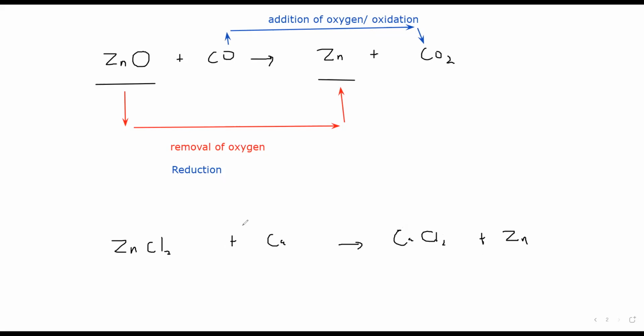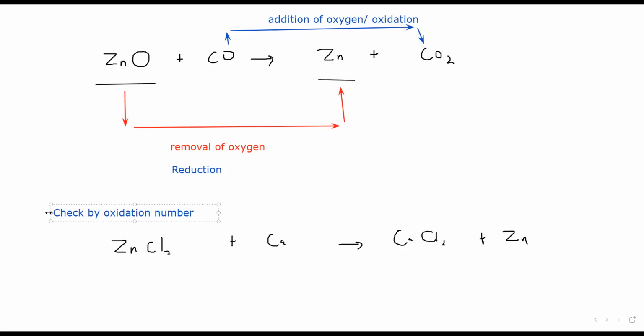In this reaction you don't have oxygen or hydrogen, so it is difficult to identify oxidation and reduction. For these types of reaction, in which you don't have oxygen or hydrogen, or no charges or electrons are given, the best way is to check by oxidation number.